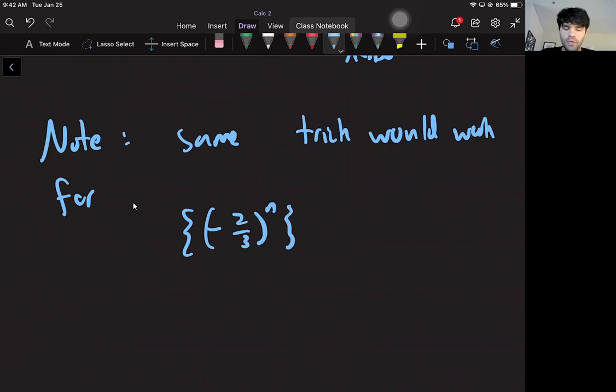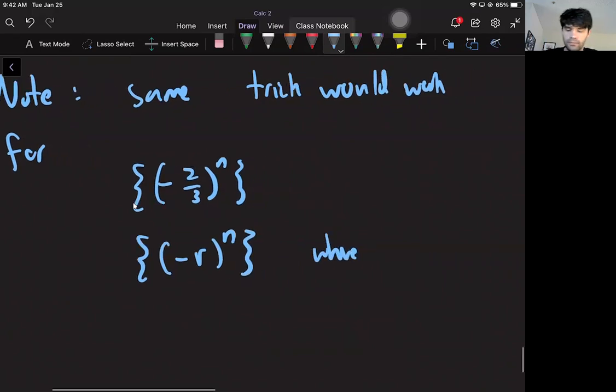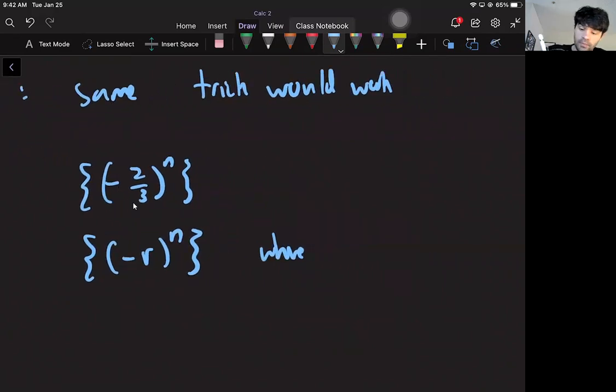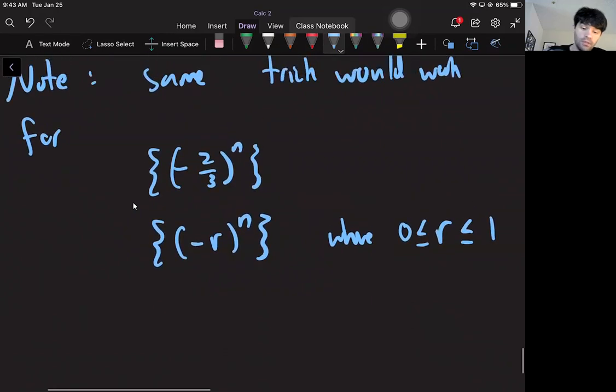You could do the same exact trick. So in fact, it would work for any negative number to the n, as long as it's still a fraction, then you could do the same tricks. So this has to be less than or equal to 1 and 0, be between 1 and 0. So then the same exact trick will work.